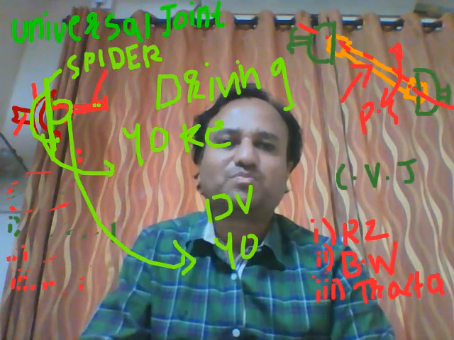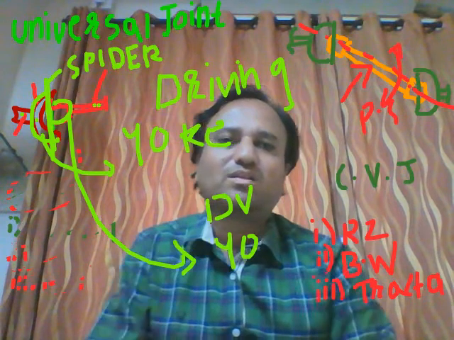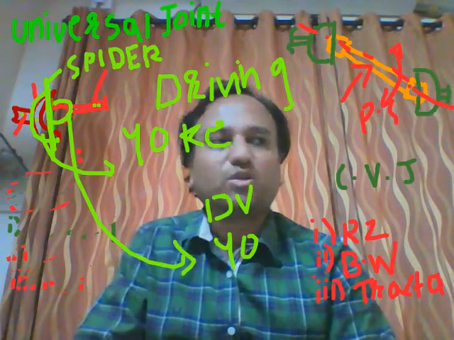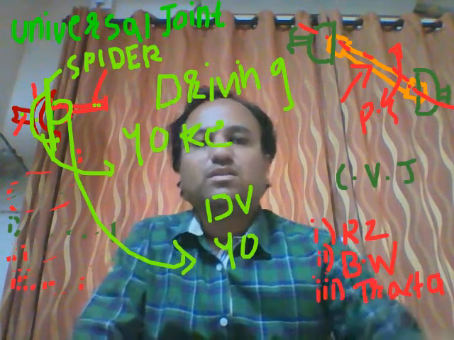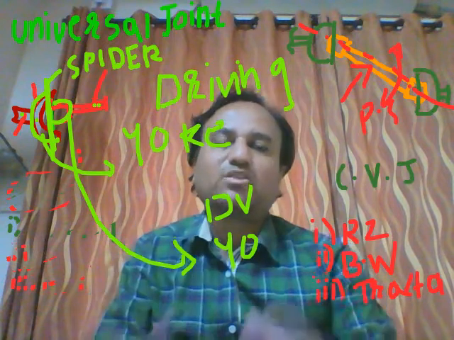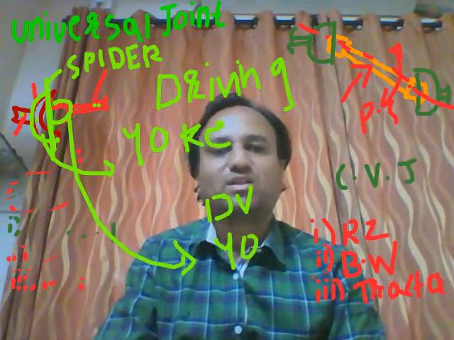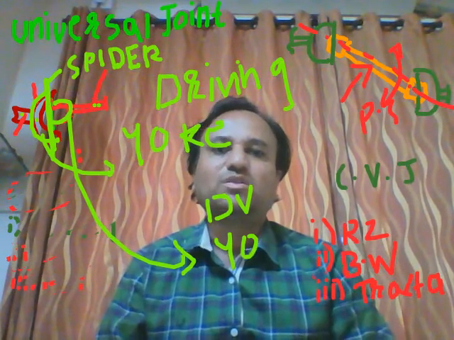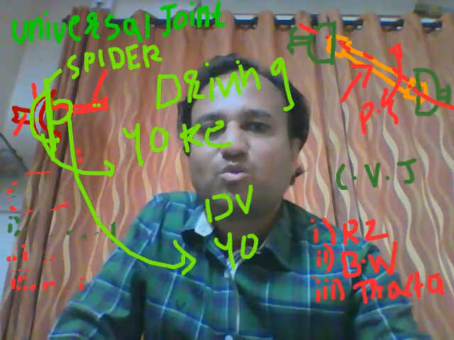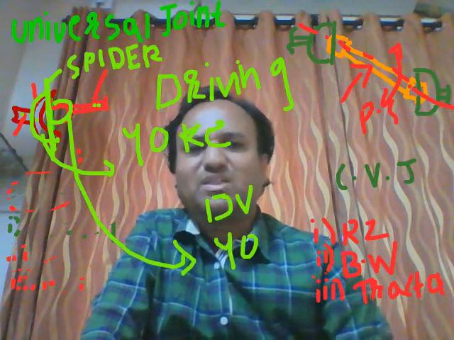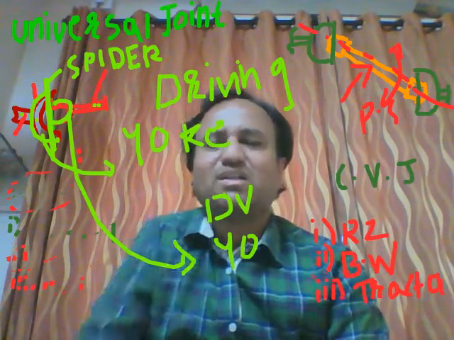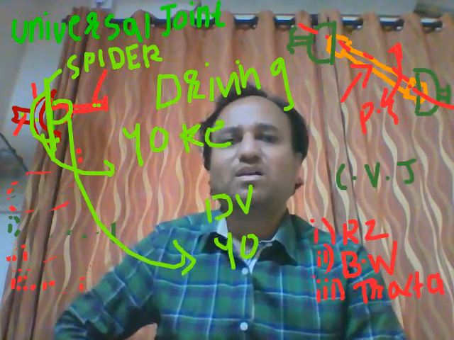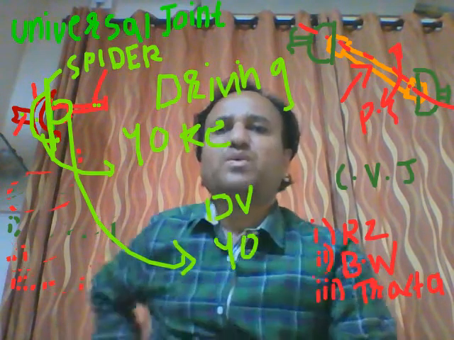In the quarter joint, it is the same: the socket end is connected to shaft number 1, the spigot is connected to shaft number 2, and this socket and spigot are connected with the help of a quarter. Same here: the driving shaft is connected to the driving yoke, the driven shaft is connected to the driven yoke, and the driving and driven yoke are connected with the help of the spider. So this is the driving member, driven member and joining member of a universal joint.